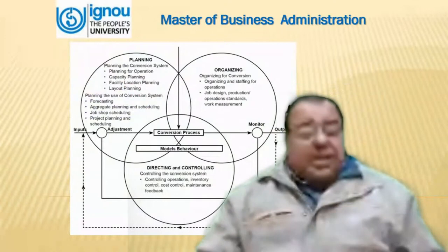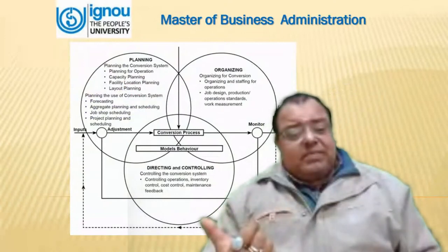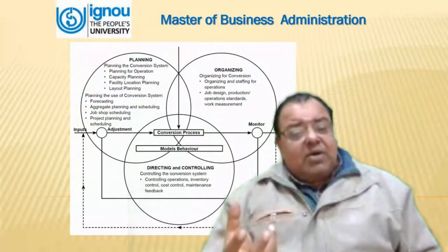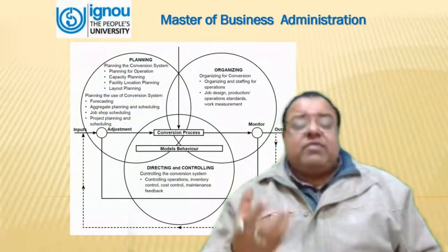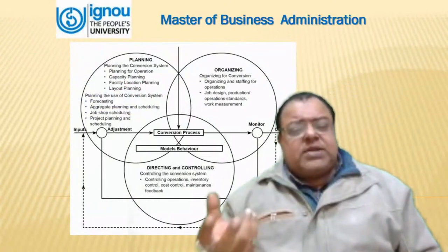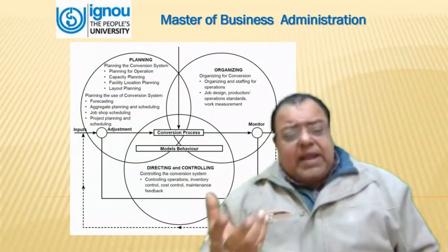Then the central part of the diagram indicates the conversion process. And on the right, it is organizing. Organizing for conversion, which includes organizing and staffing for operations, job design, that includes production and operation standards, work measurement.